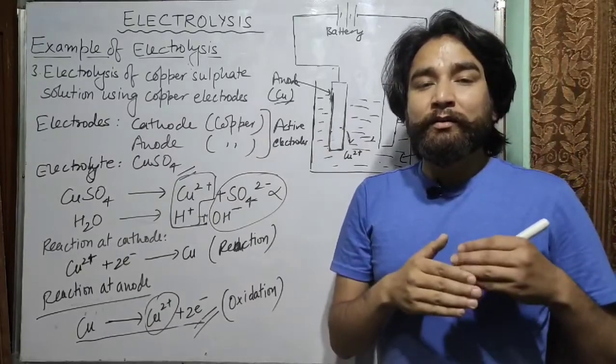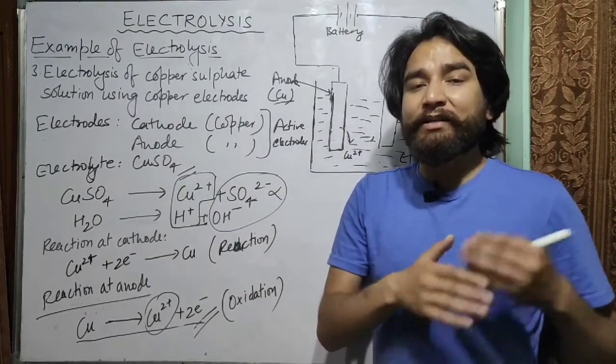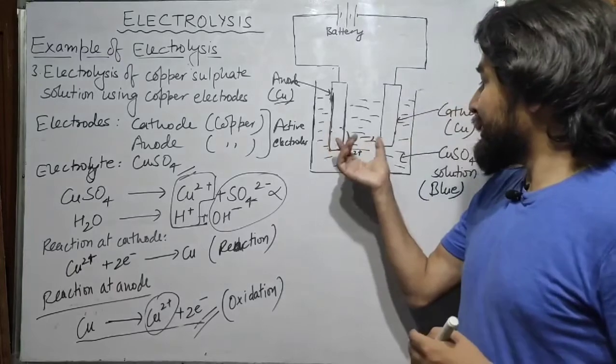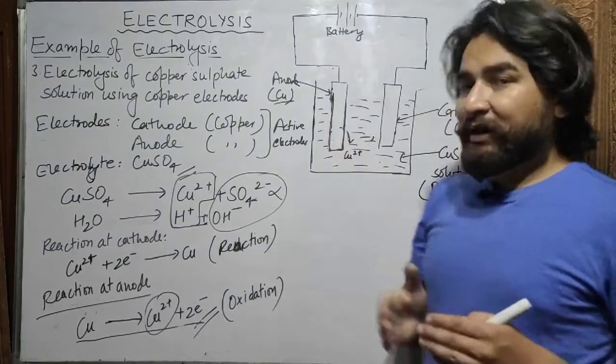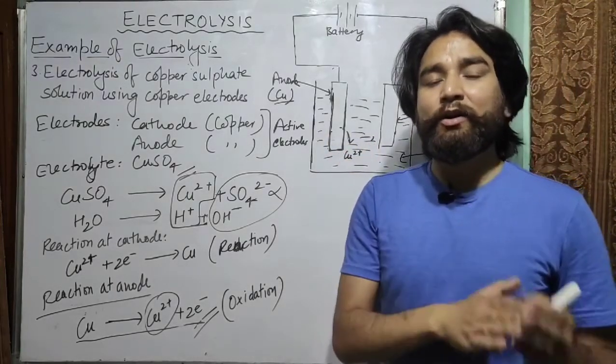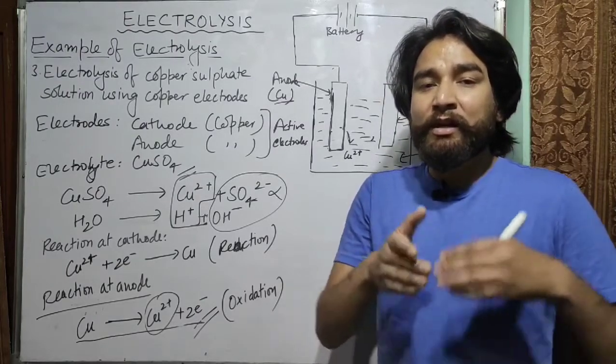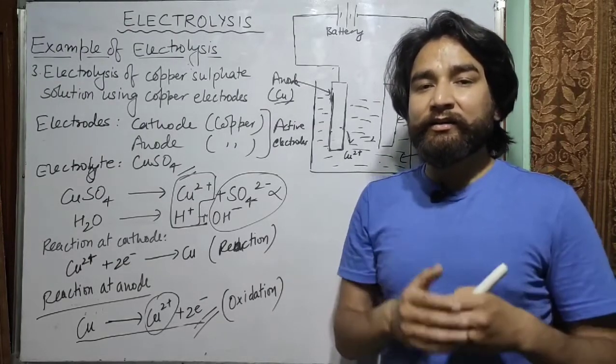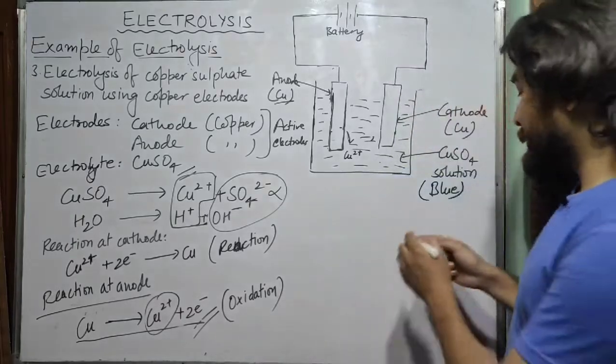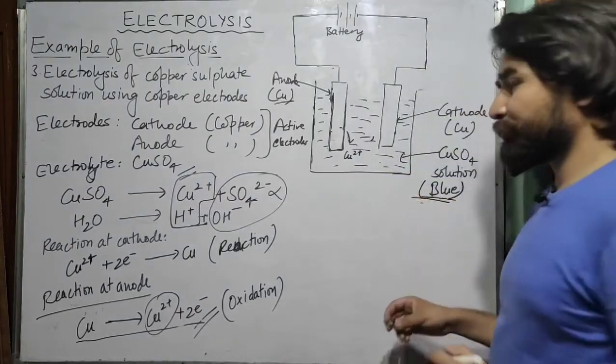So the balance will be maintained. The balance of copper ions will always be there. The amount of copper ions in the electrolytic solution will always remain the same.